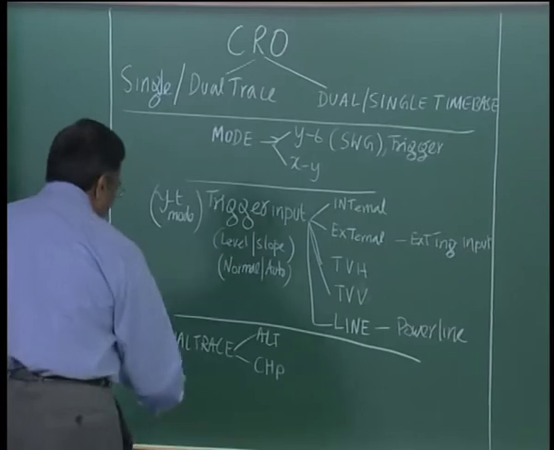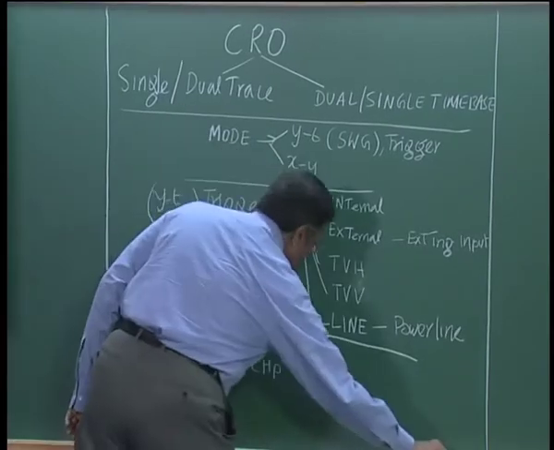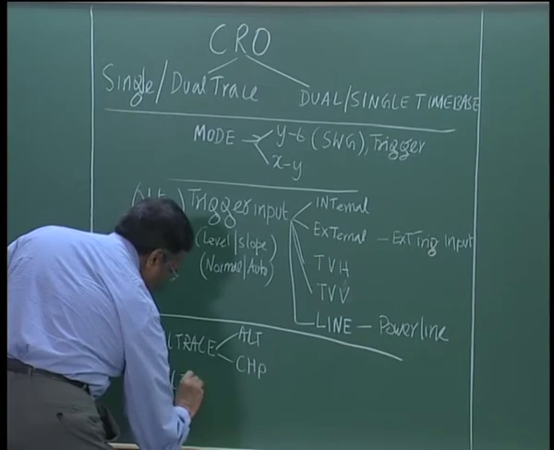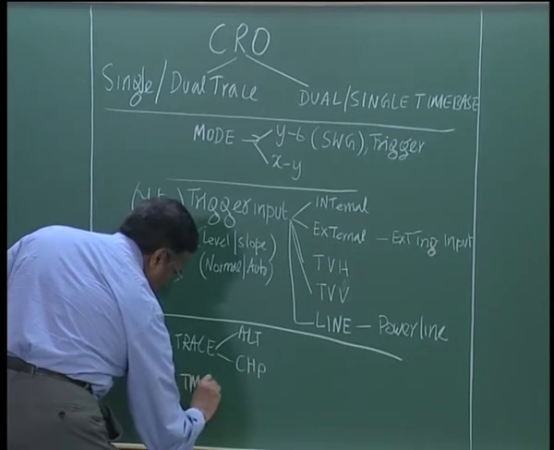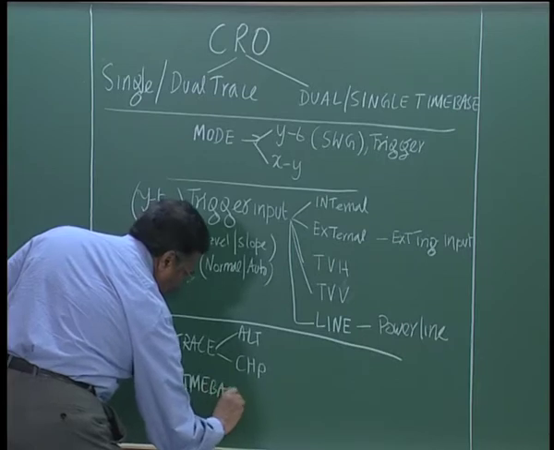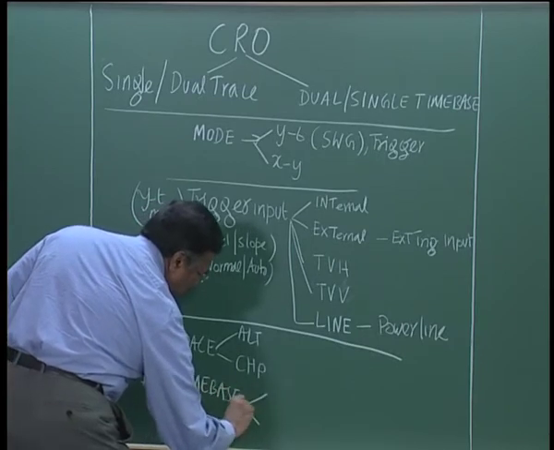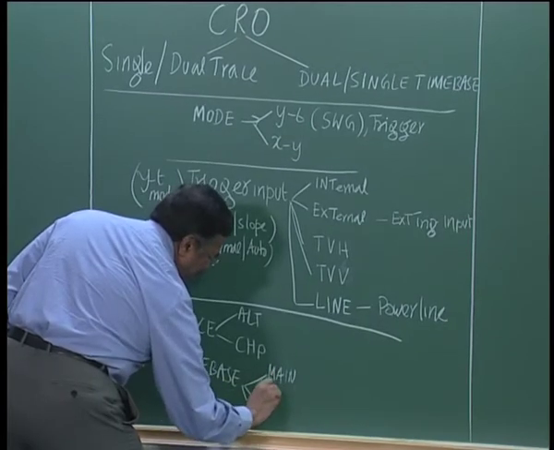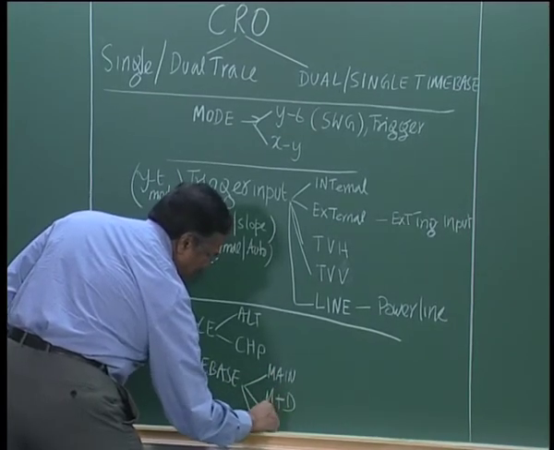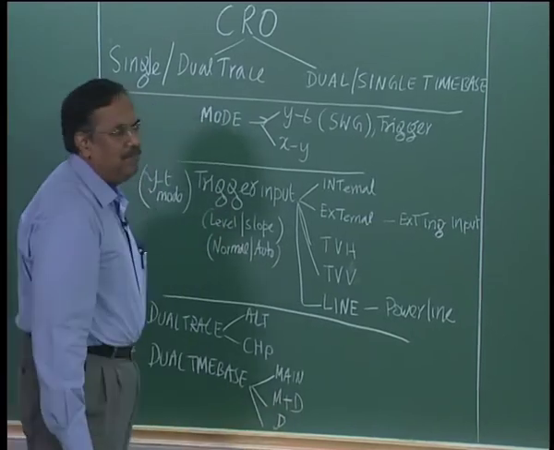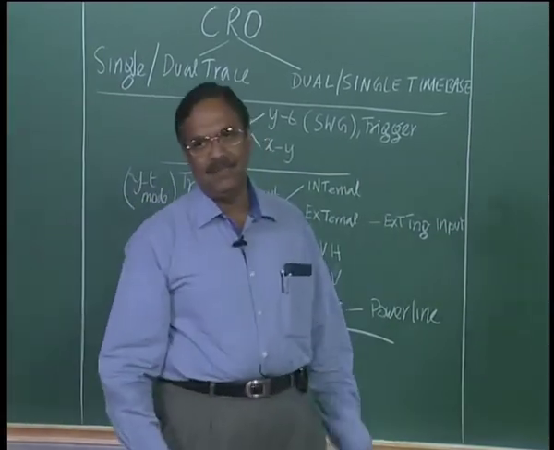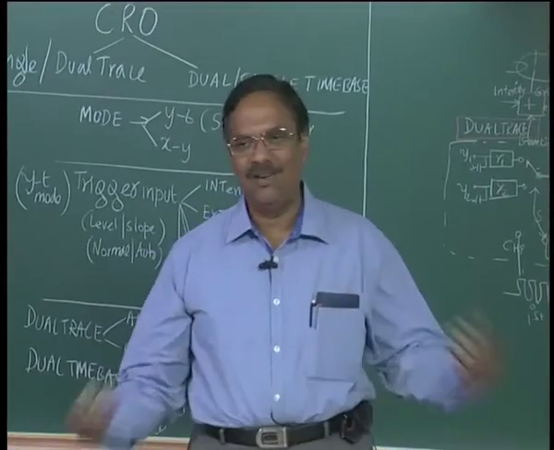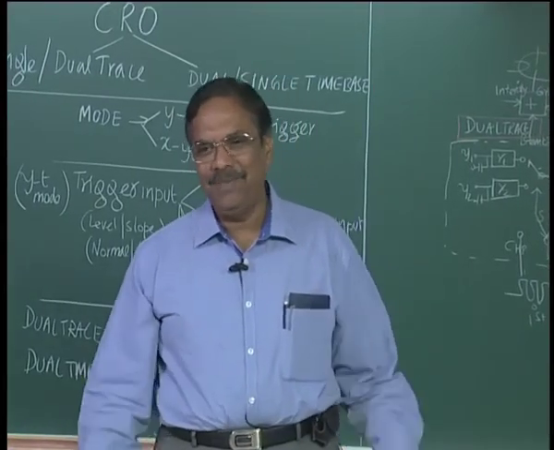And if it is dual time base, you have three modes: main, main plus delayed, and delay. You can see the main time base alone, switch off the delay time base, but then it works as a normal single time base CRO.